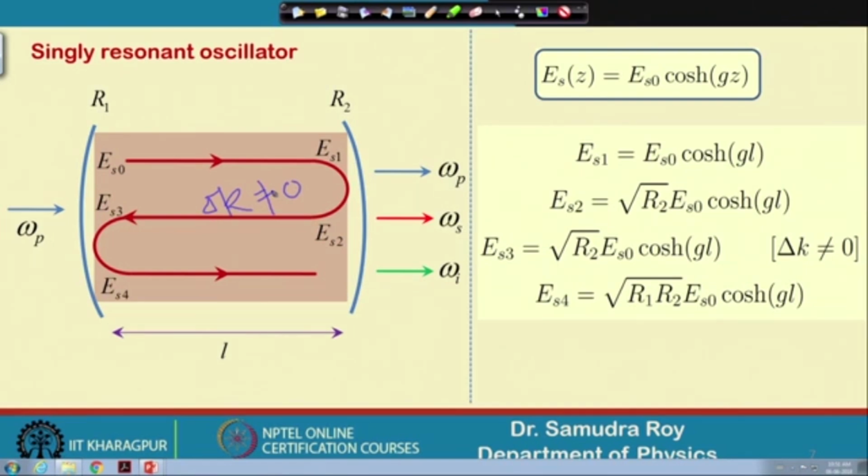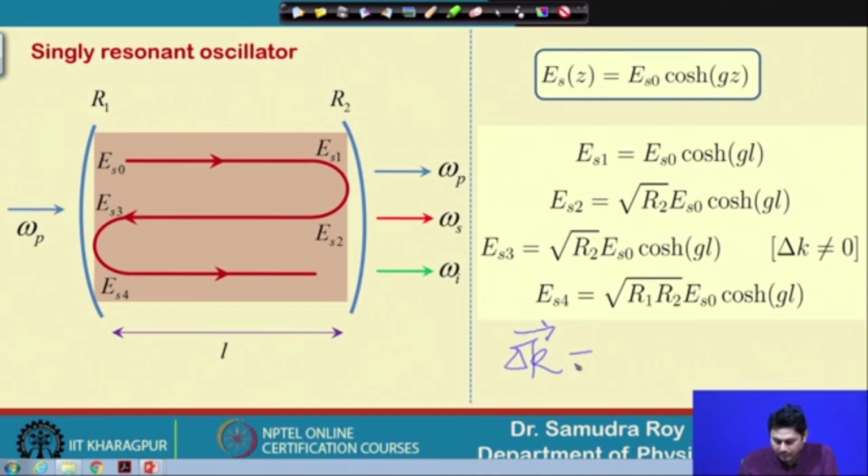Because our phase matching condition suggests that delta k, if I write in vectorial form, because this is better, is equal to kp minus ks minus ki.